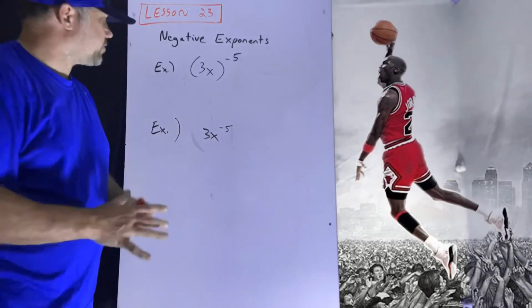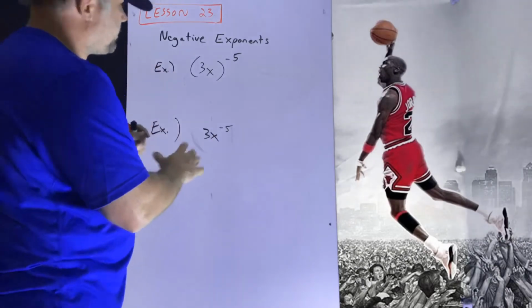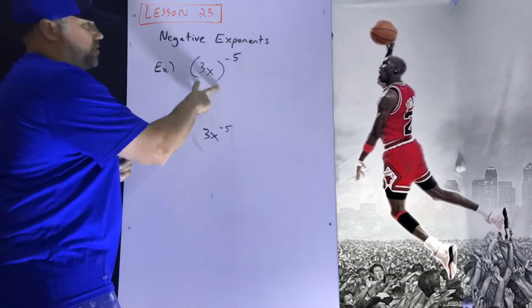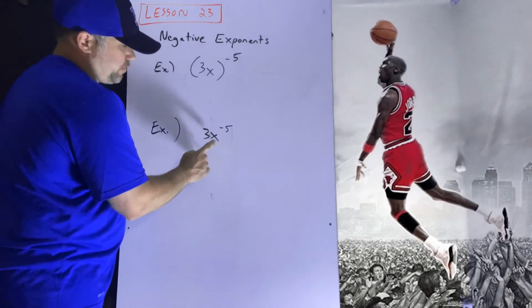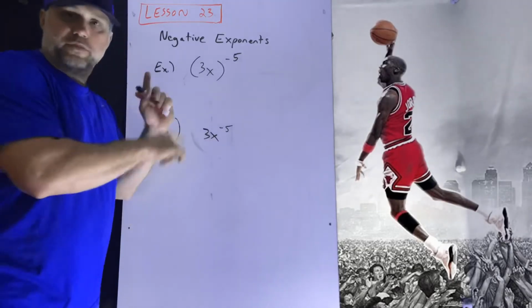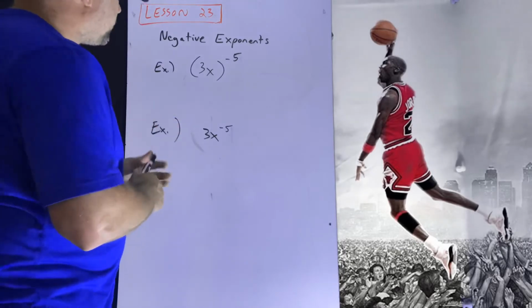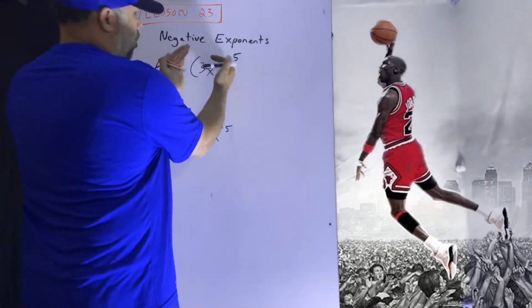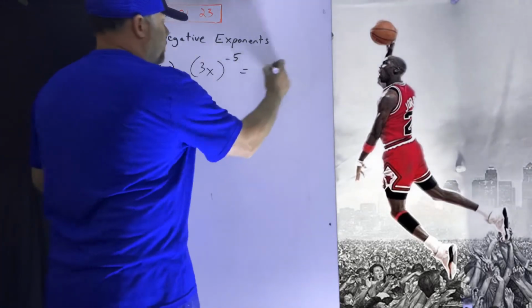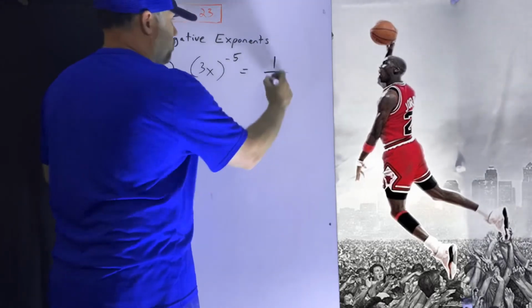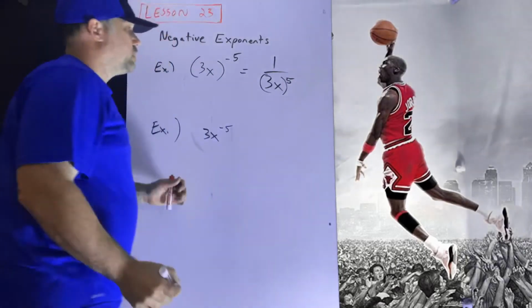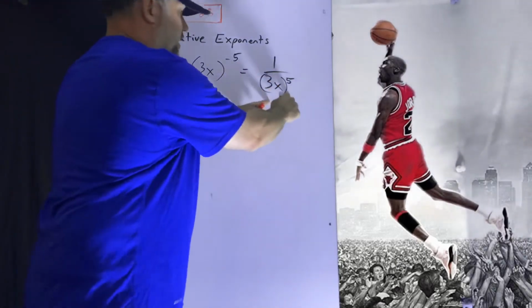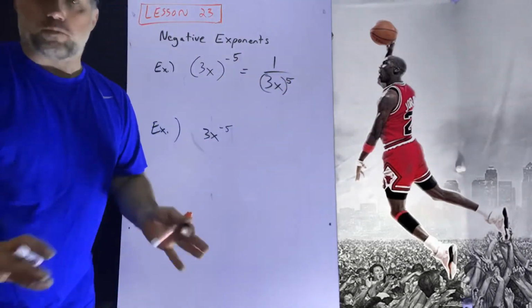Here are our last 2. On the first one, I've got (3x) in parentheses being raised to the negative 5th. Down here, I've got 3x to the negative 5th, but there's no parentheses anymore, so there's a difference between these two. This first one, since the 3x is all being raised to the negative fifth power, is just going to become 1 over (3x) to the positive fifth power. Negative exponent moves to the denominator, turns into a fraction, no problem.